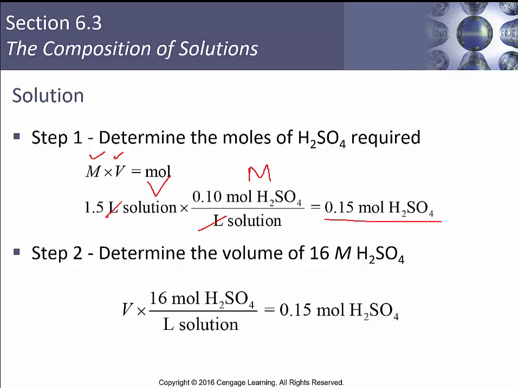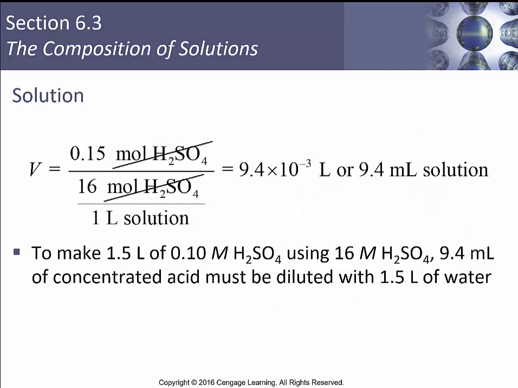To determine the volume of 16 molar H2SO4 that contains this many moles, we're just going to rearrange that equation. So we're going to do volume times 16 moles of H2SO4 per liter is equal to 0.15 moles. And now we're just going to solve for V. I'm going to rearrange it: 0.15 moles of H2SO4 divided by 16 moles of H2SO4 per liter.